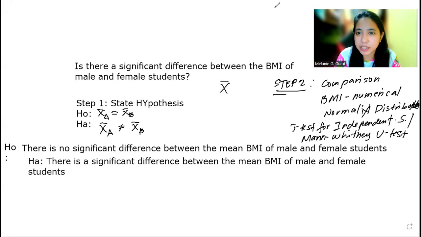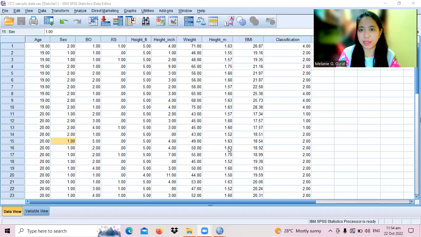Okay, so let's check if our data is normally distributed or not. So let's move to our data. As mentioned, we can only use the t-test for independent samples if we are sure that we satisfy its conditions.